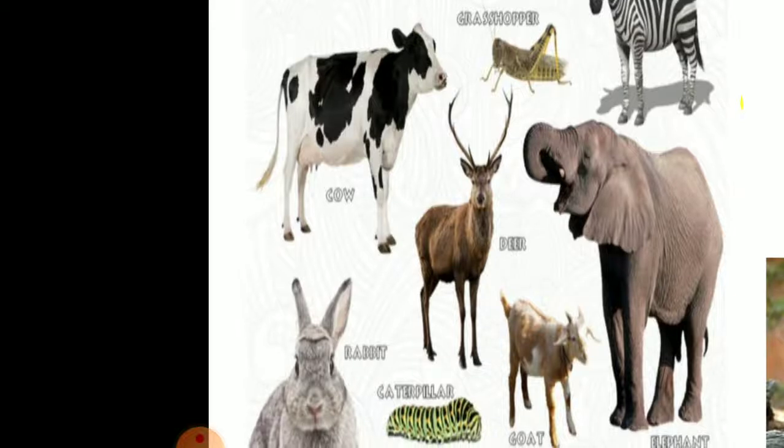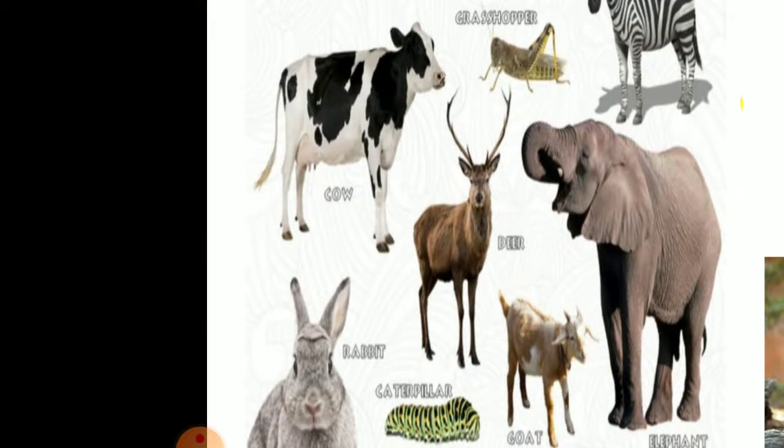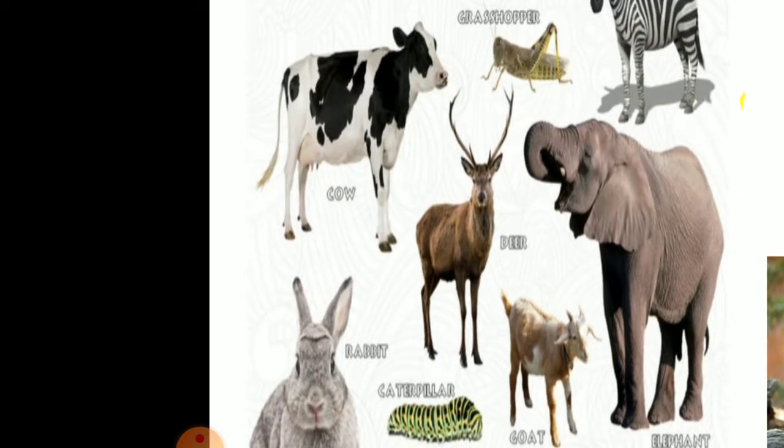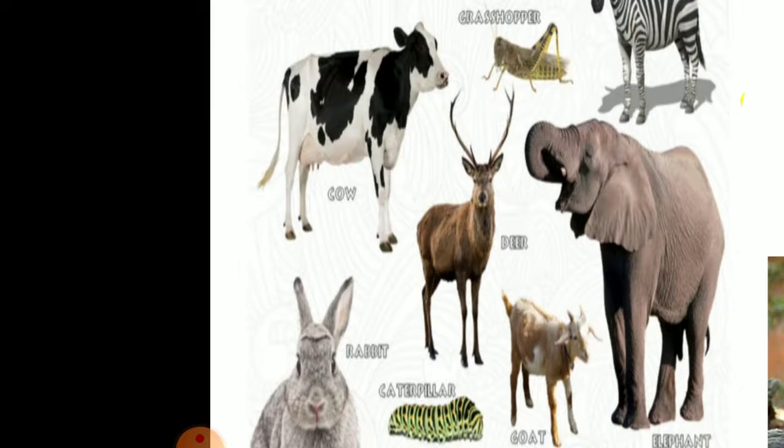Okay, squirrel is also herbivorous, and rabbit is also herbivorous. Caterpillar, you know, eats leaves.